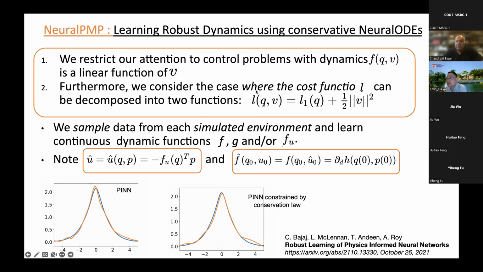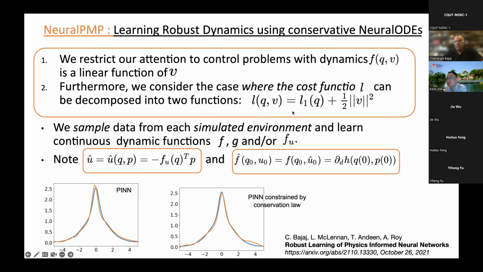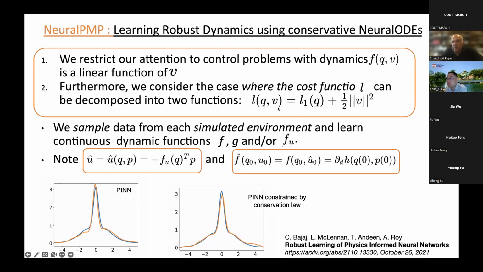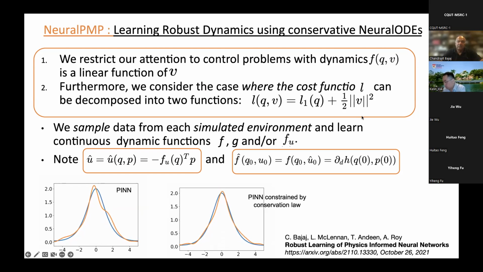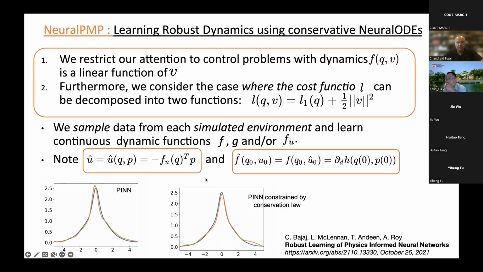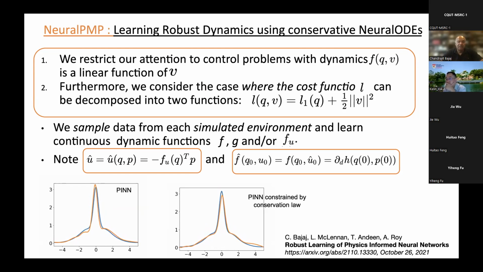So furthermore, we consider the case where the cost function is separable. So we broke the cost function up into the cost involved for the state change and the cost involved for the control. And we can use the kinetic energy as a control. The more energy you need, the more cost for controlling. And we want to minimize the amount of control you want to do in an optimal path that is the minimal cost.